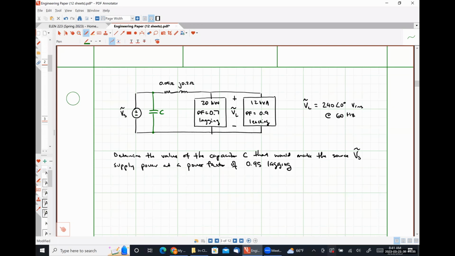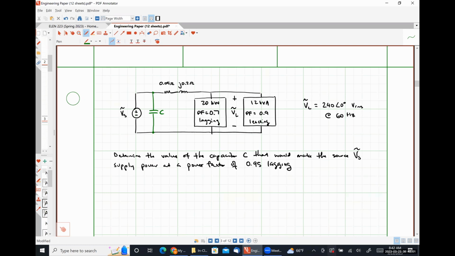So our goal here is to figure out how to correct the power factor of our voltage source on the left-hand side, which means we're going to need to know the voltage drop across our voltage source, which wasn't given to us. We're going to need to know the power factor at which our voltage source used to operate, which wasn't given to us.